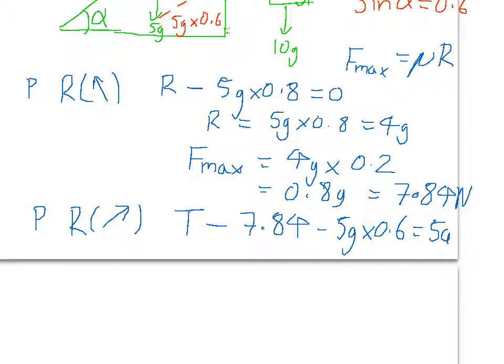Tidy that up a little bit and you get that T minus 3.8g is equal to 5A, by just changing that back into its 0.8g. Now, as you'll notice, we've got two unknowns in this equation, so we can't solve it.